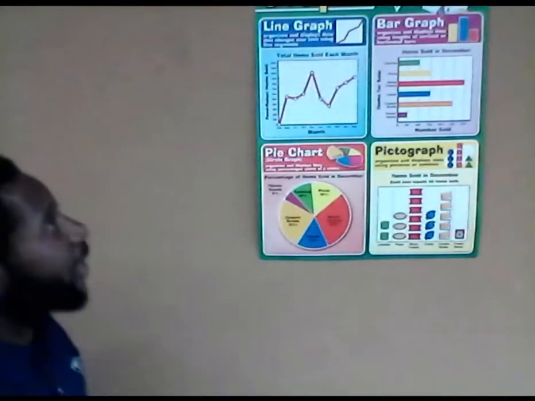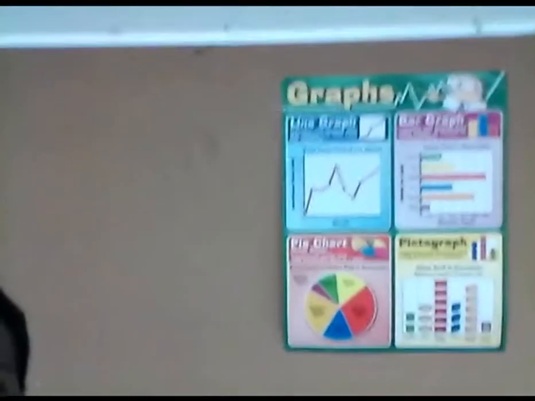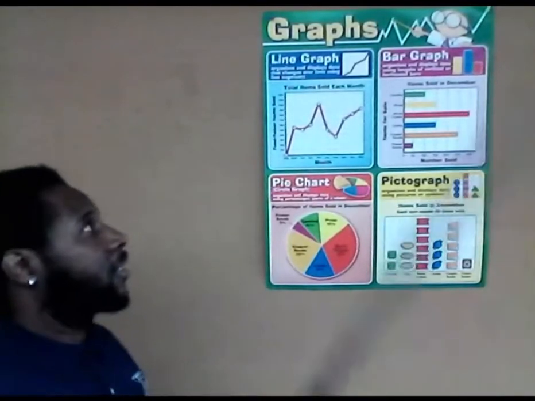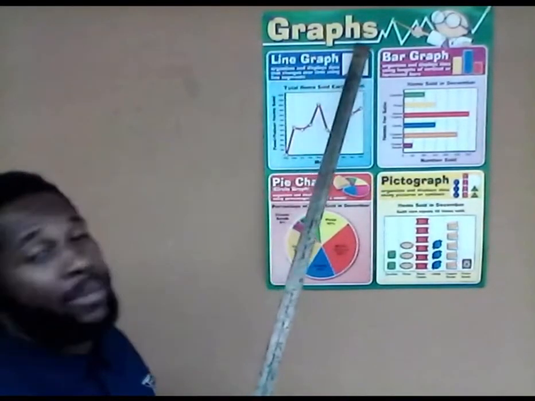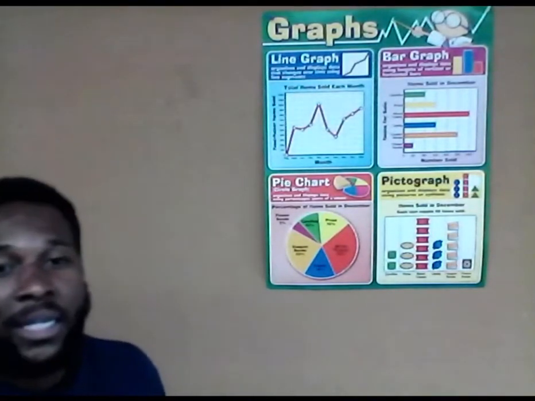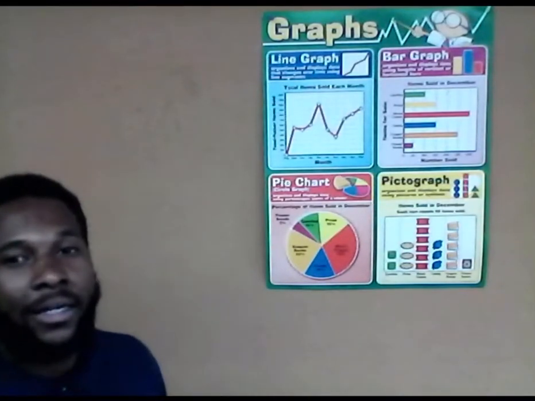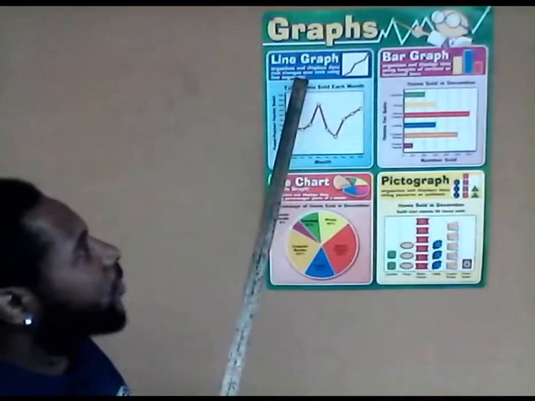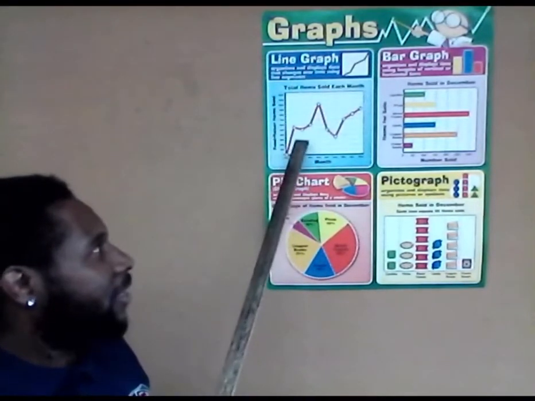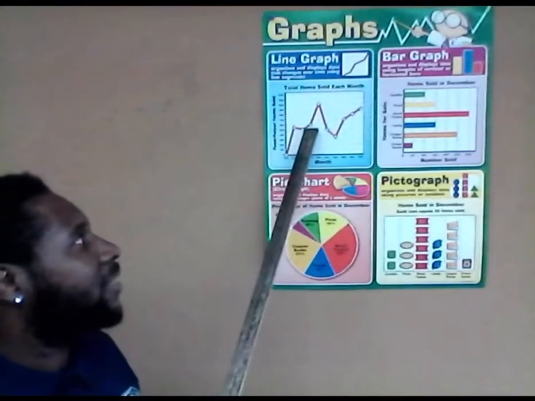So in the case here, we have 4 different ways to view data. And in each way, these are still represented as a graph. So no matter what, if you're representing information, we're going to call it a graph. Now, I have what is called a line graph. And you can know it's a line graph because you have what is called scattered plots.